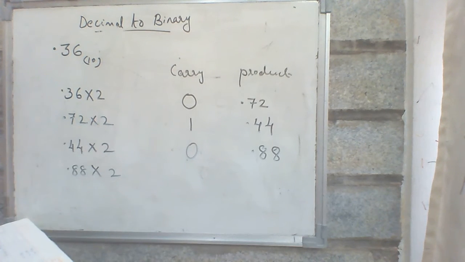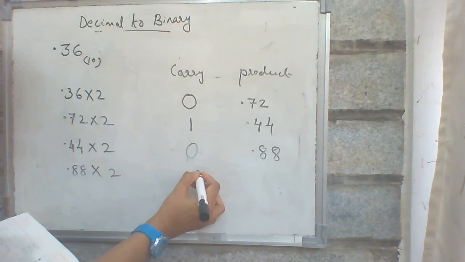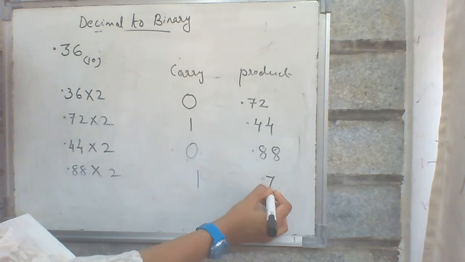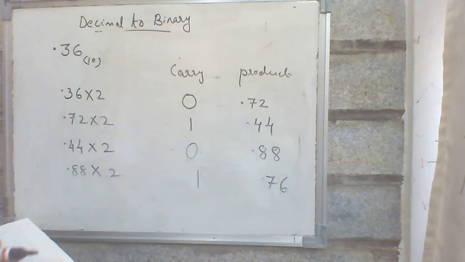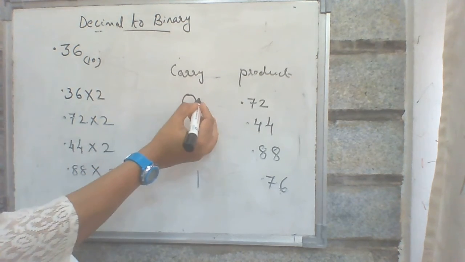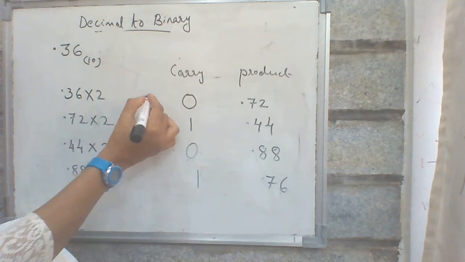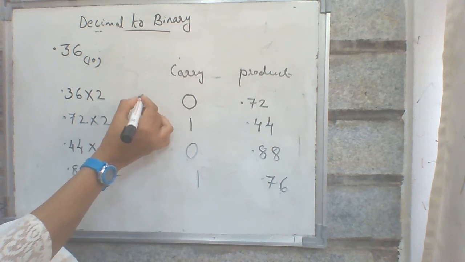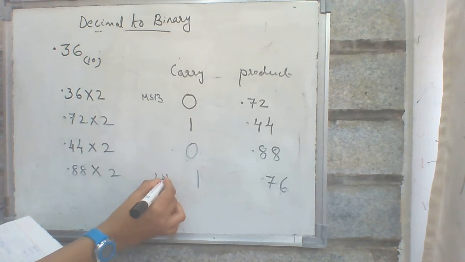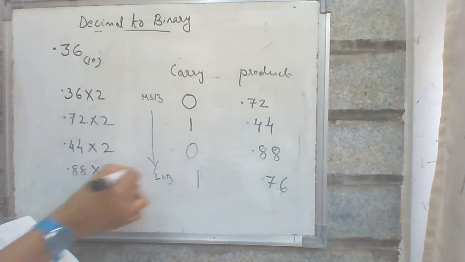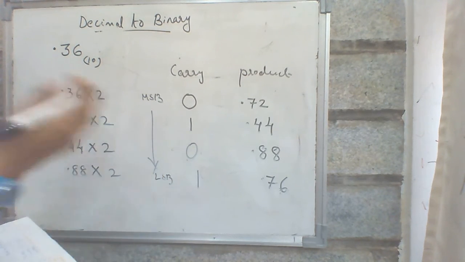What is the answer? 1.76. You write 4 times. That is enough. Then here the first carry will be MSB. The last carry will be LSB.